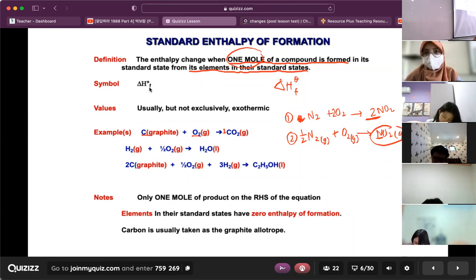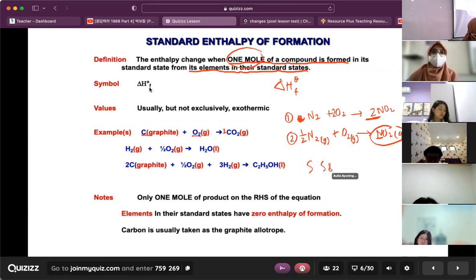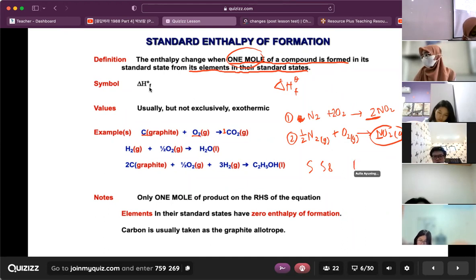Nitrogen exists as N2. What about sulfur? Sulfur can be S as a single atom, or you can also write S8. S8 is the element of sulfur. What about phosphorus? Phosphorus is P4.